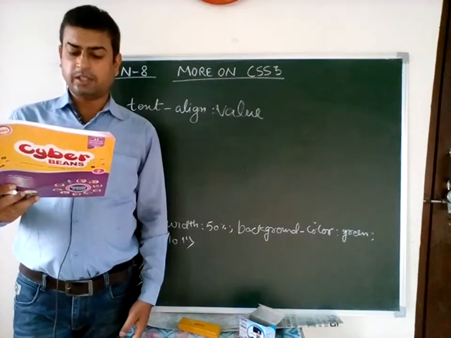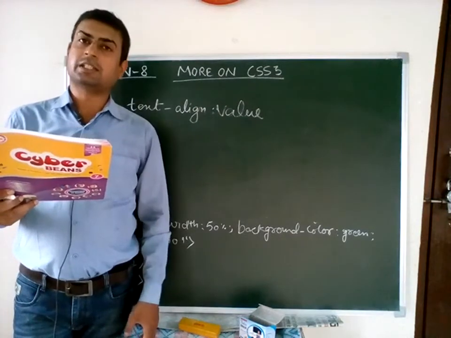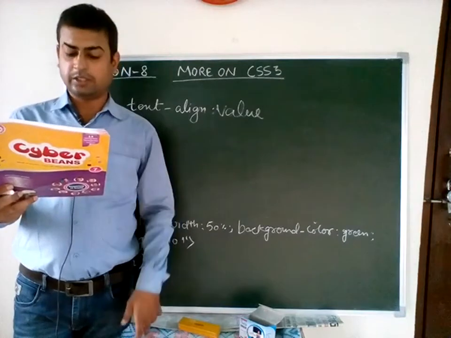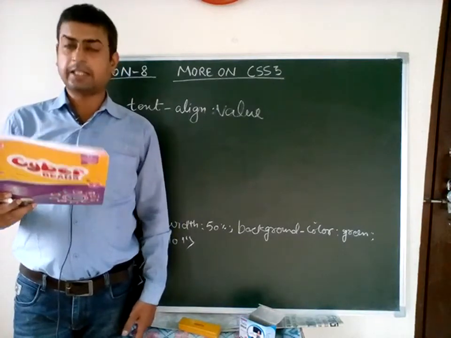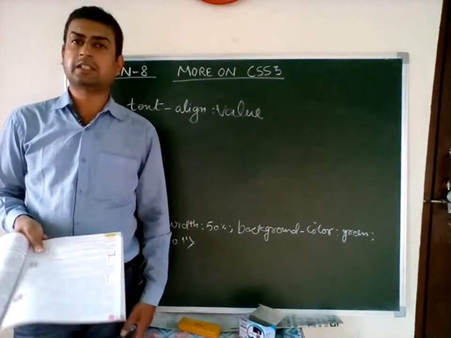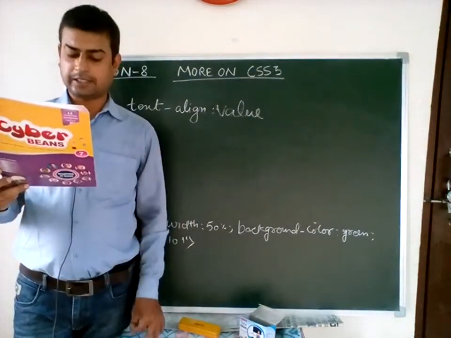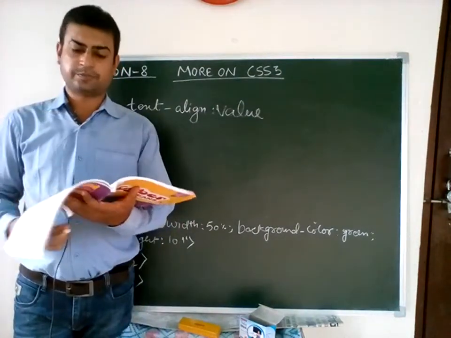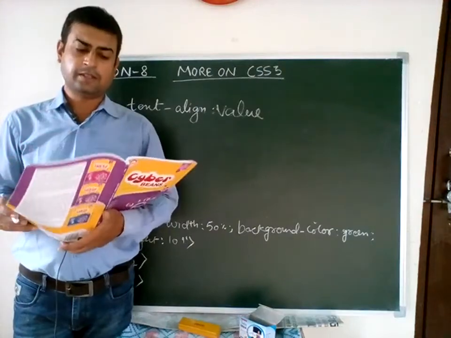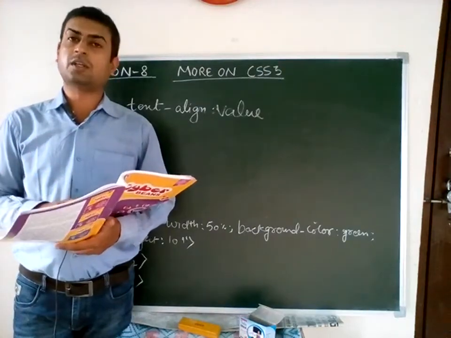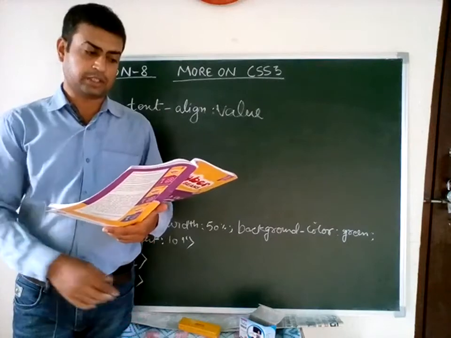Text shadow, H shadow, V shadow means horizontal shadow and vertical shadow you can use. Then color. Text indent means spaces between the text. Word break means normal, break all, keep all, these syntax you can use to decorate.